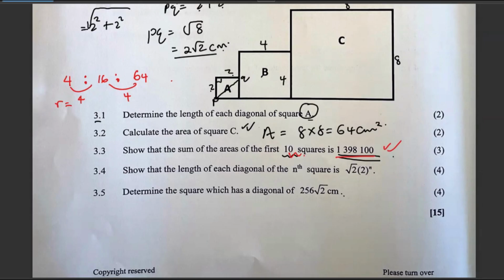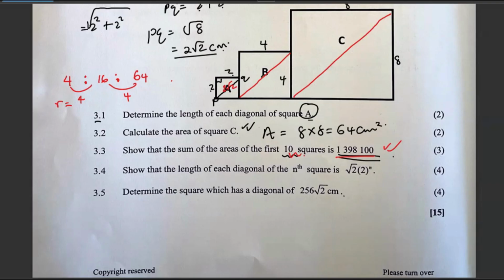Then we move on to 3.4. Can you show that the length of each diagonal in the nth square is given as that? This question means we now need to find the general term of the diagonals. If this is 2 root 2, this is the square root of 4 by 4.